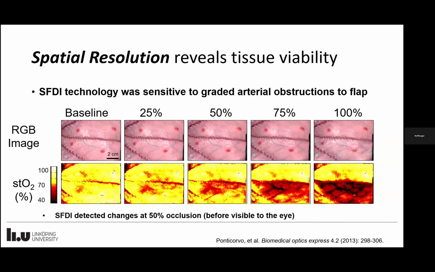The other one, they would put a balloon occlusion over either the artery or the vein, and then they could inflate that to a certain percentage. So that's where you've got this controlled blood flow reduction type of situation where there's a partial occlusion, so 25% occluded, and so on and so forth. So that was the basic premise of that experiment.